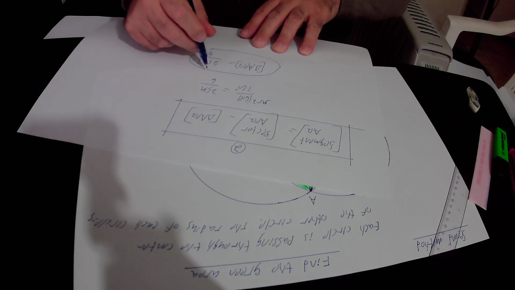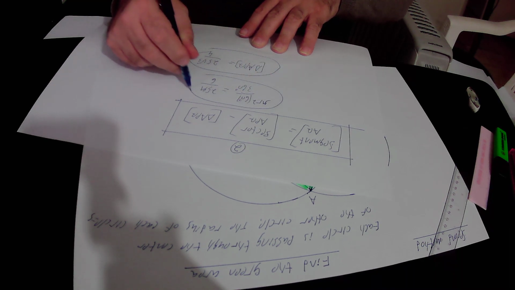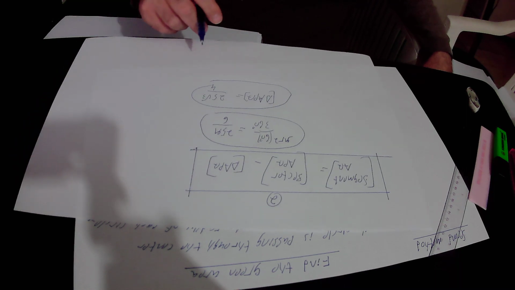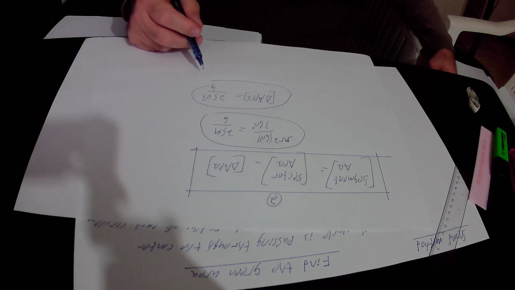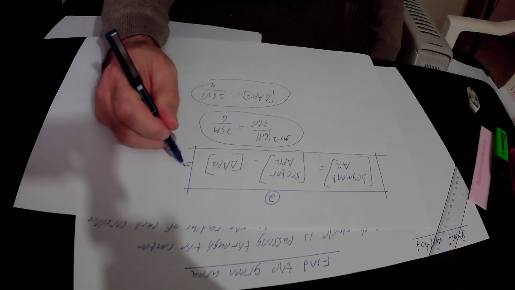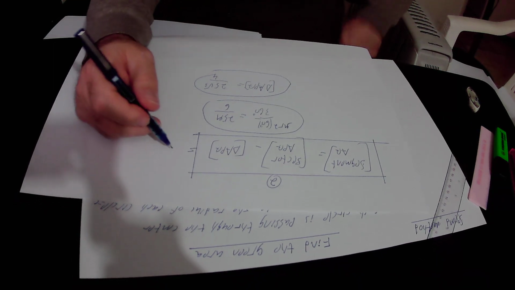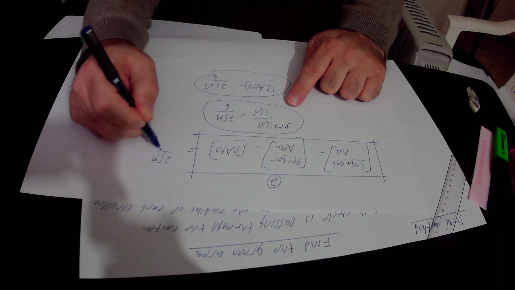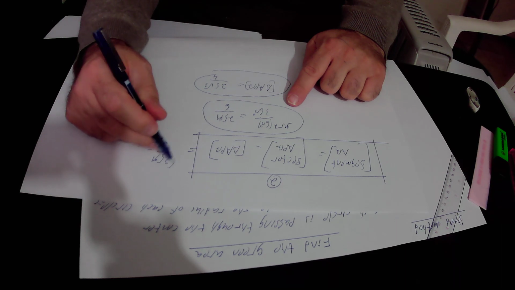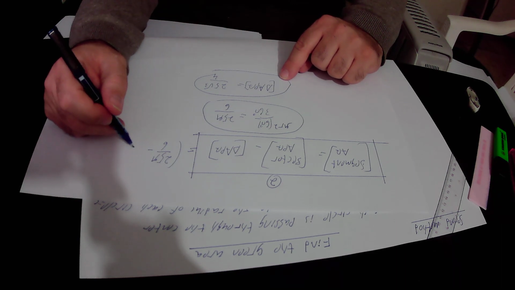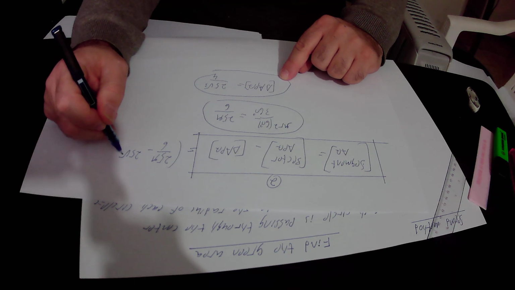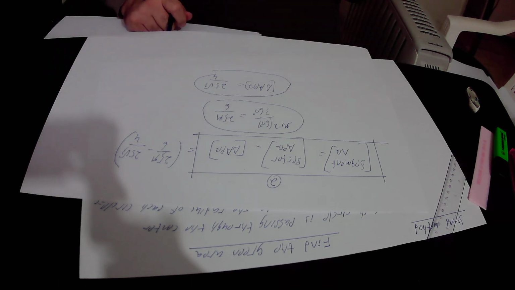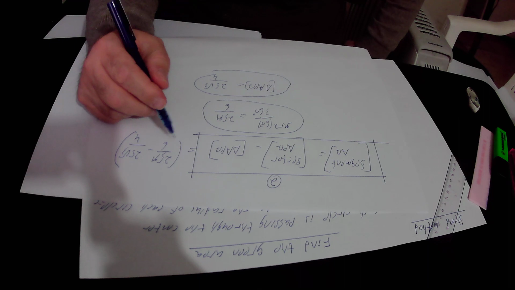So we know that the area of sector APQ is 25 pi over 6, and the area of triangle APQ is 25 times square root of 3 over 4 square units. So in conclusion, the area of segment AQ equals 25 pi over 6 minus 25 times square root of 3 over 4.